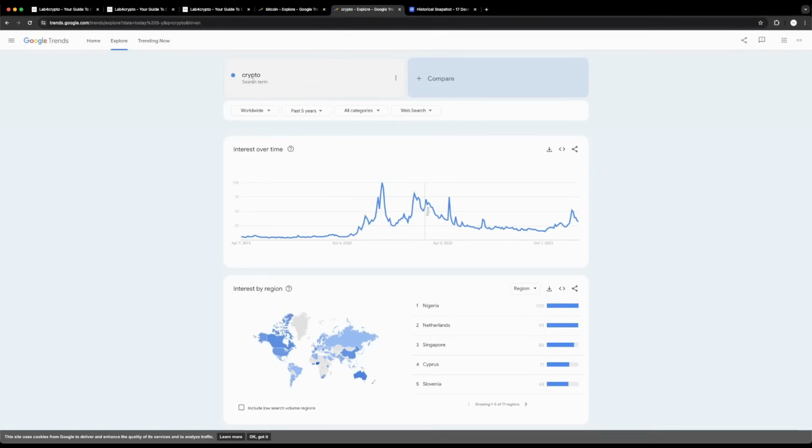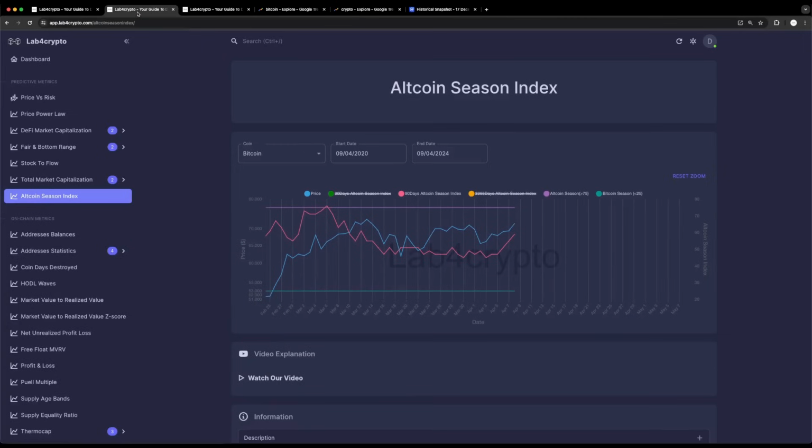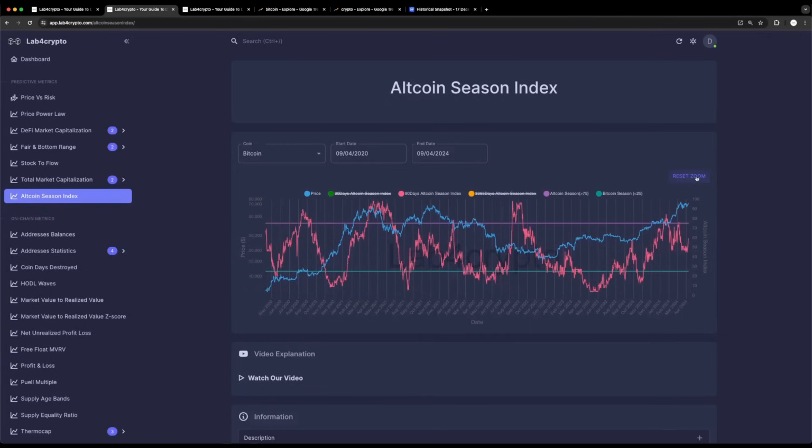Also, if you go and check the word crypto, again we're at 32, which are values we saw in a bear market. And therefore, you need to prepare and be able to accumulate, and exit when the time comes as we approach, because I think we are at the start of a bull run.